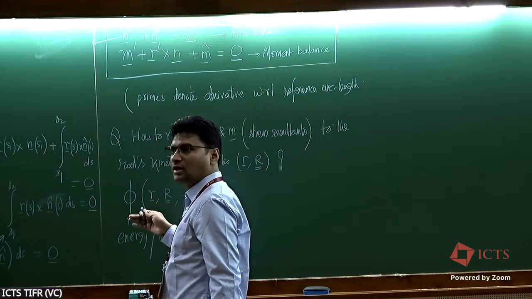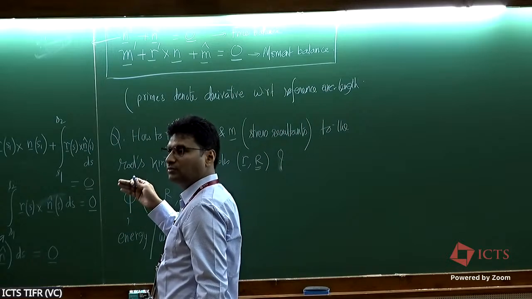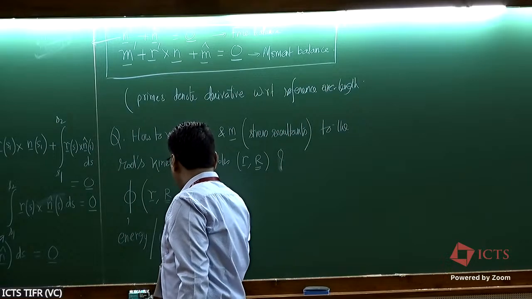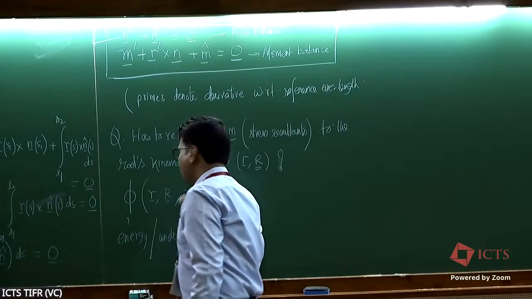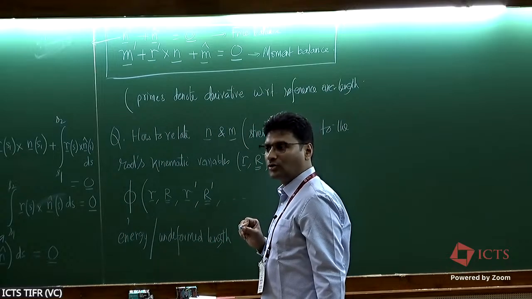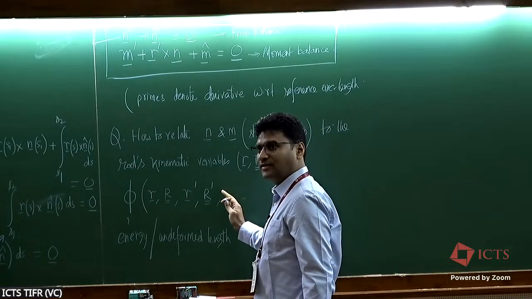Just like in 3D elasticity, it depends on deformation map and the gradient of deformation map, which is the deformation gradient tensor. Here also, little r prime and big R prime. Of course, you can keep going, and you get higher gradient rod theory. But I'm going to stop here, okay?